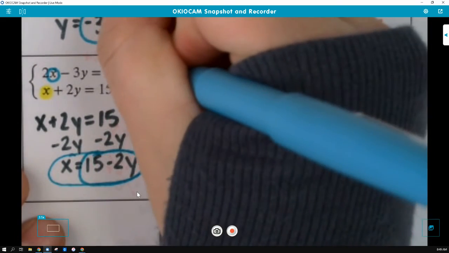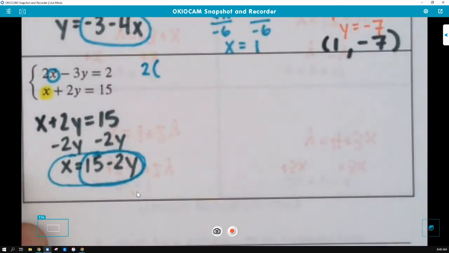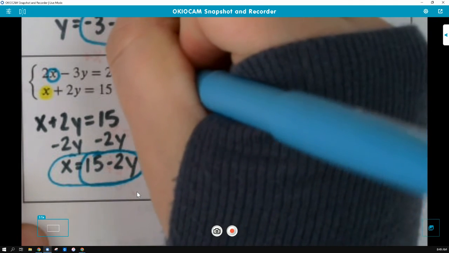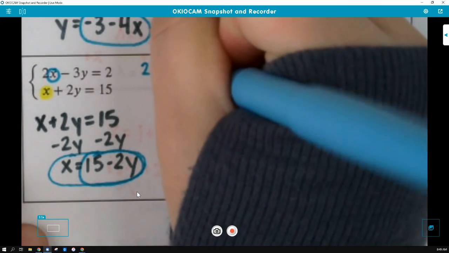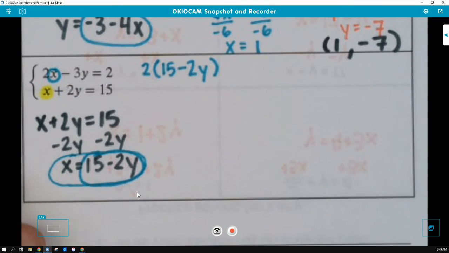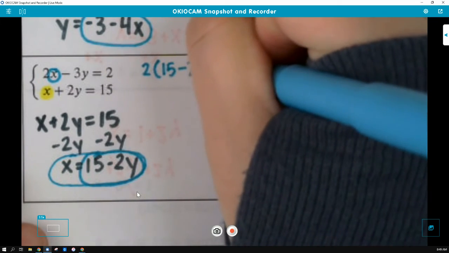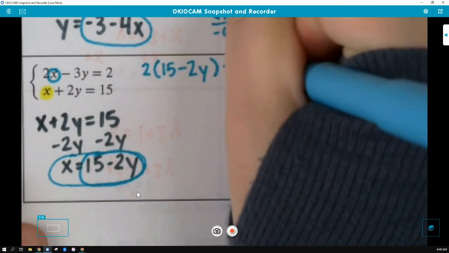So it's going to be 2 times, open parentheses, inside parentheses is going to be 15 minus 2y, close parentheses, minus 3y equals 2.